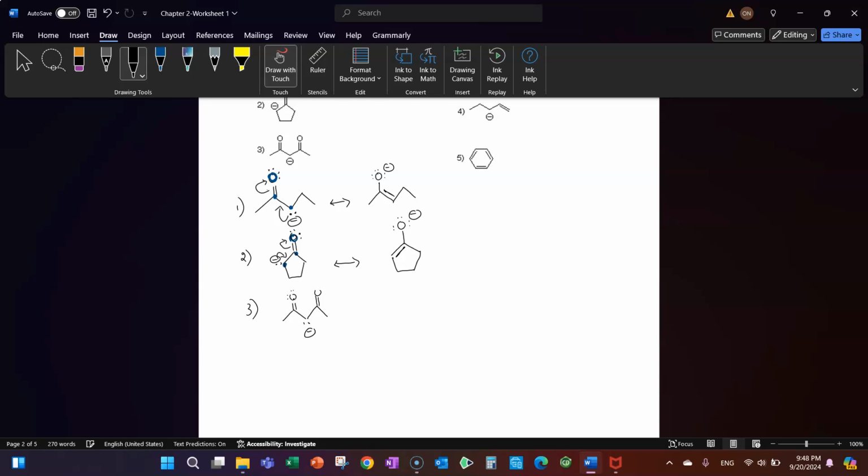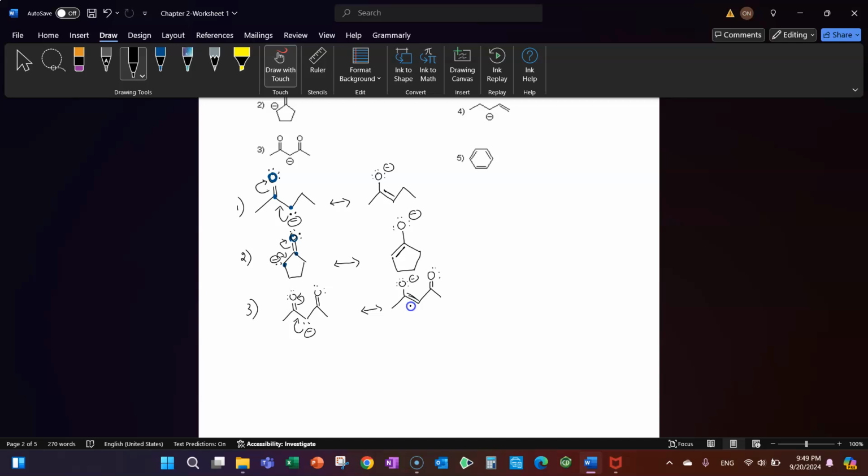Make sure to put the lone pairs on oxygen. Okay, you can actually move this pair of electrons over here and put the electrons on this side. The first resonance structure has a single bond to one of the oxygen atoms, the negative charge, a double bond to this carbon-carbon bond, and then a double bond to this one. We didn't touch this oxygen, so that remains intact.